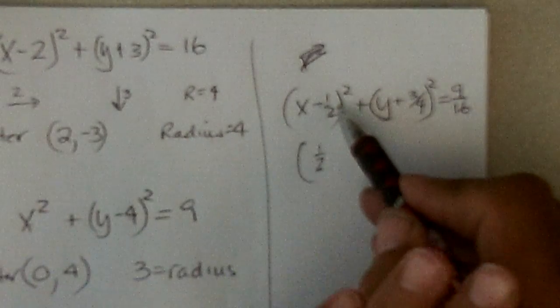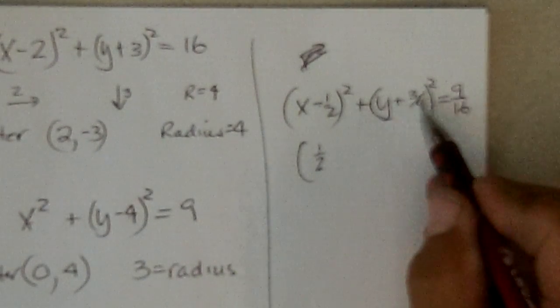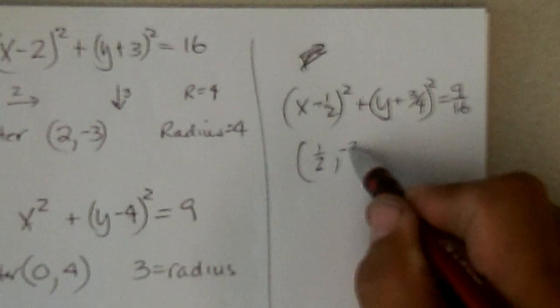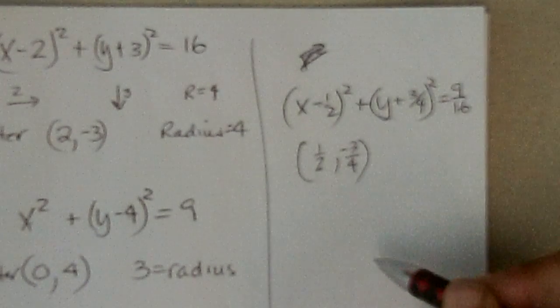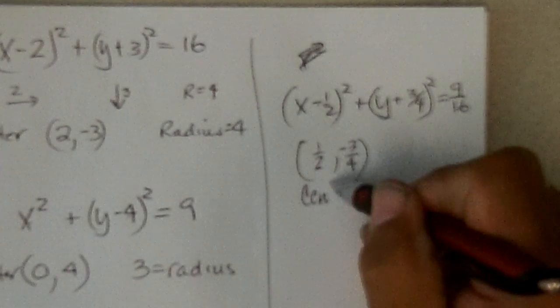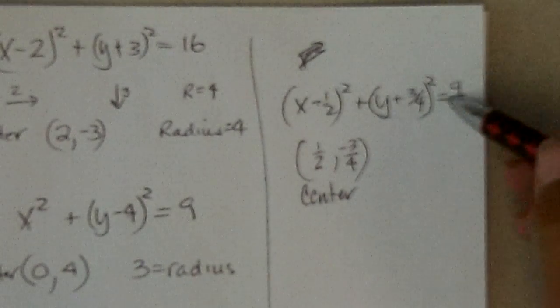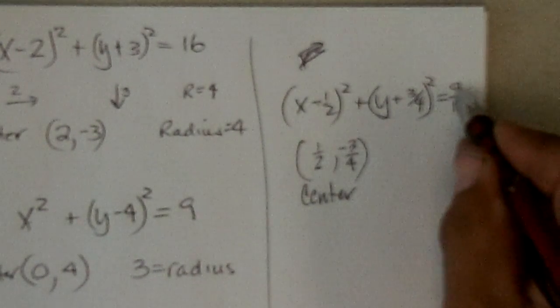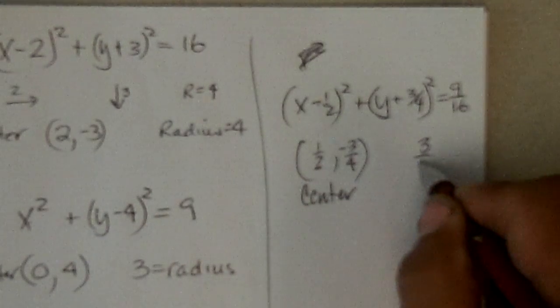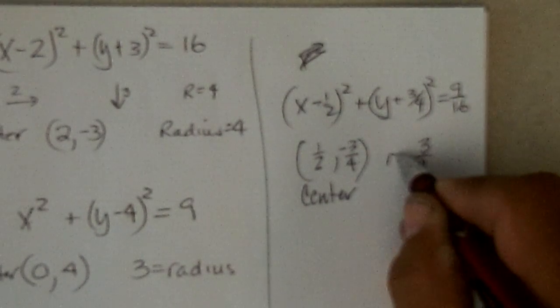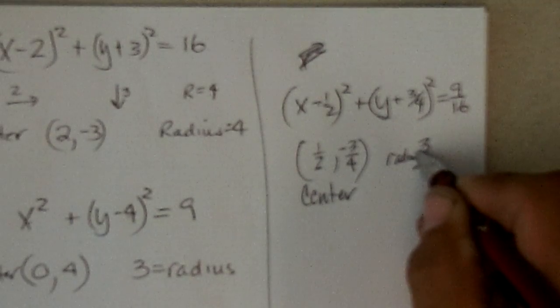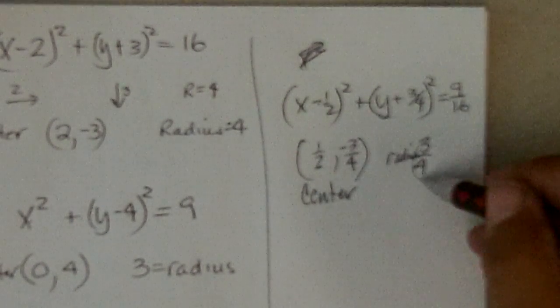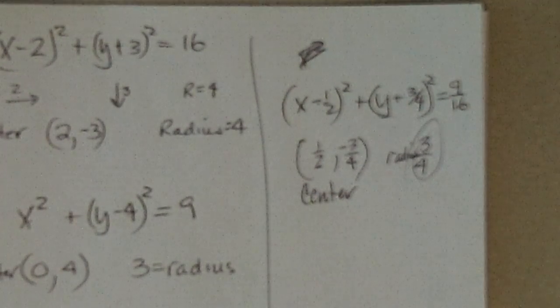It's moved plus 1/2, and it's down 3/4. That's the center. And the radius is the square root of 9/16. The square root of 9 is 3, the square root of 16 is 4, and that's the radius, 3/4. Okay? All right.